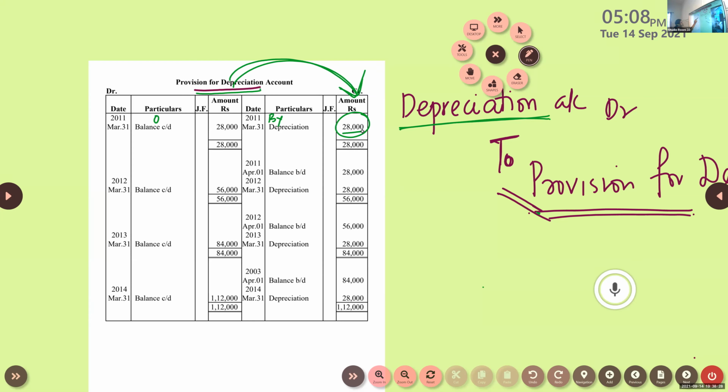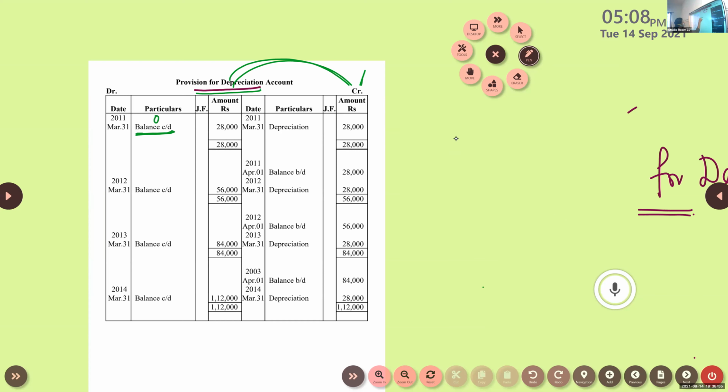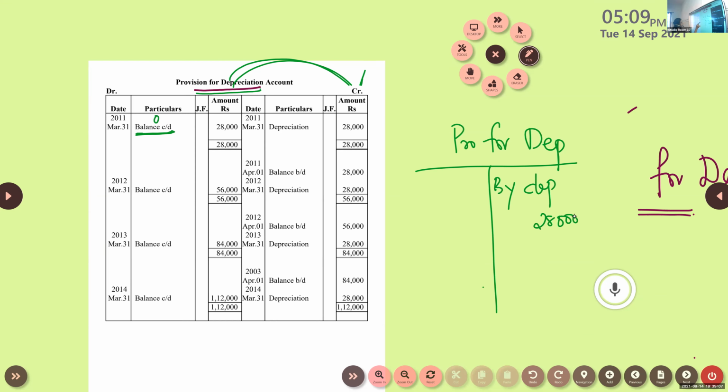We have written the amount 28,000 here. Balance it.